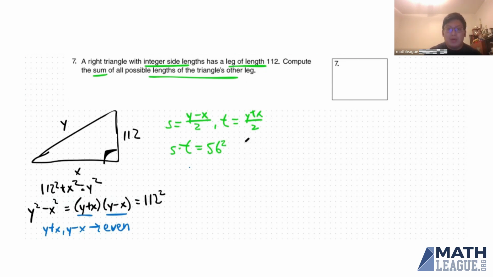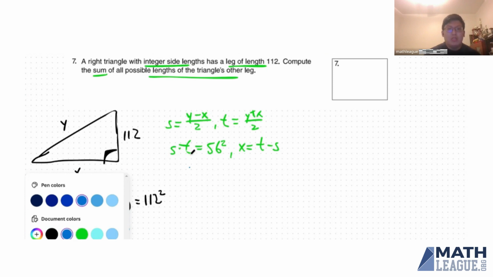And we also know that we're looking for x. So x is going to be equal to t minus s. We are trying to look for all of the possible values of x.